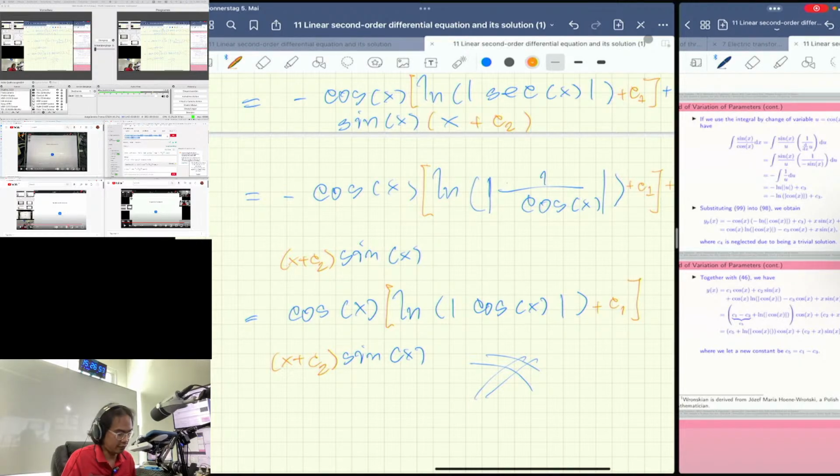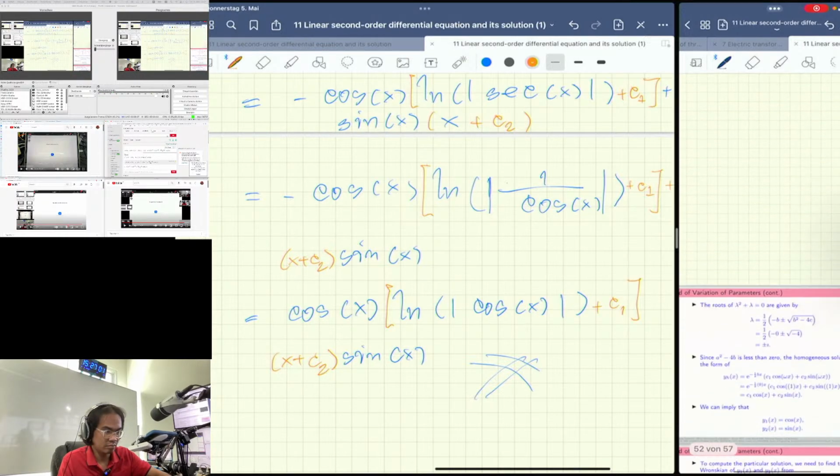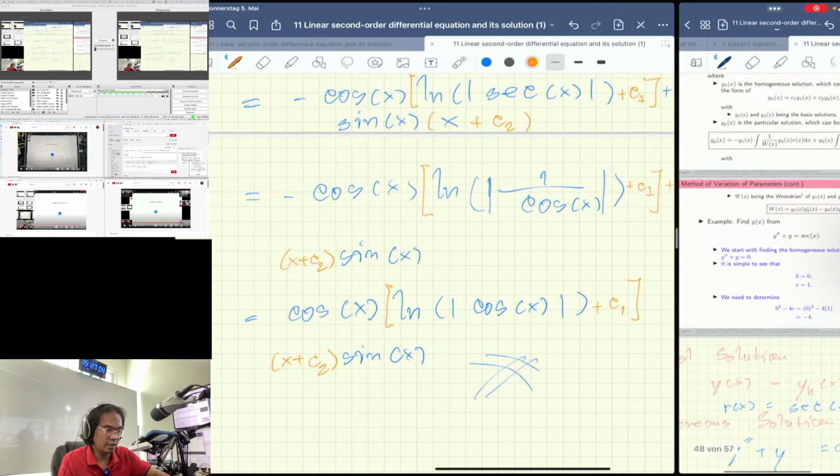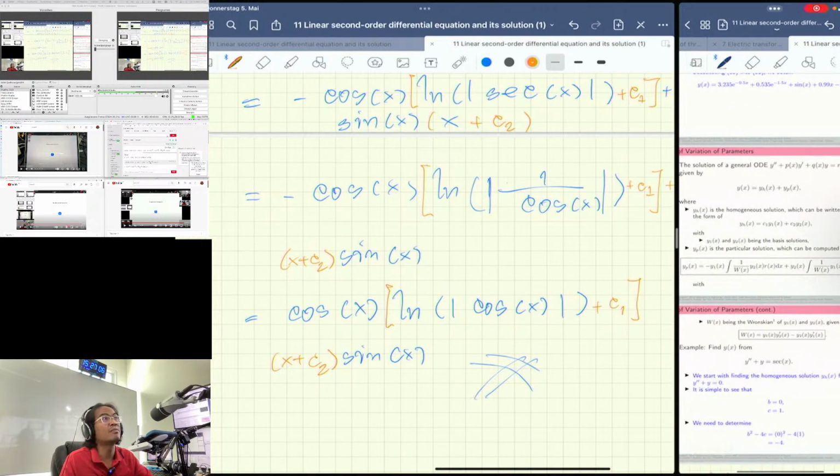The problem of the ODE is y double prime plus y equal to secant x. Oh no, my god. Secant x, right?